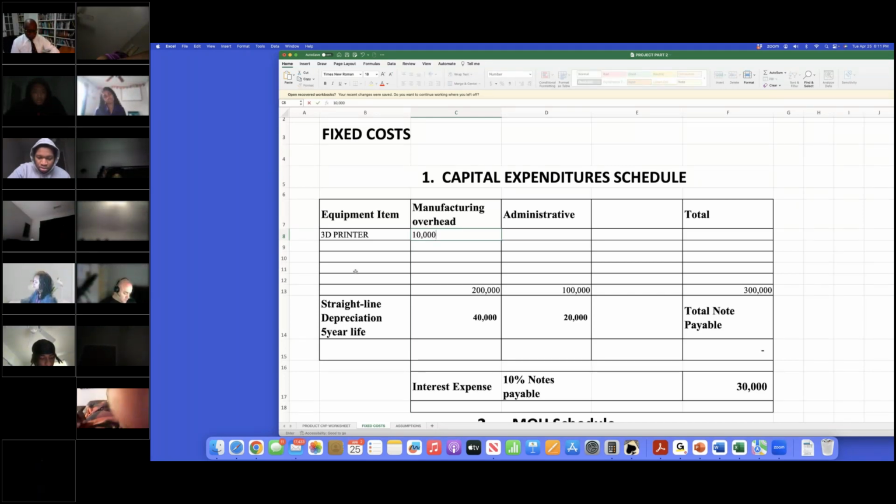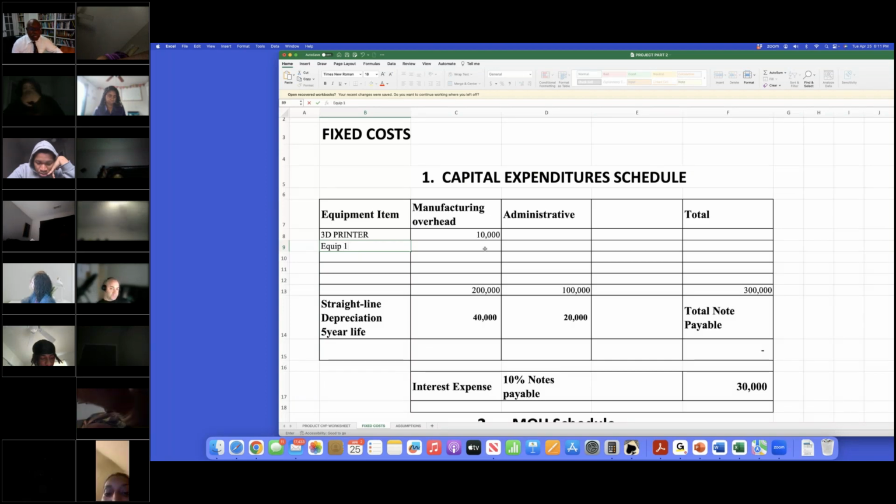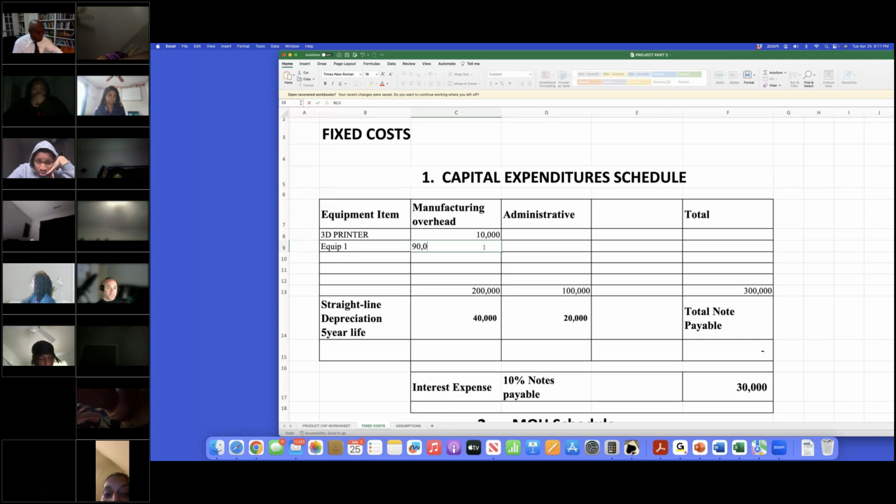We might have equipment A. That might be 90,000. Then we might have equipment 2. That might be 100,000.